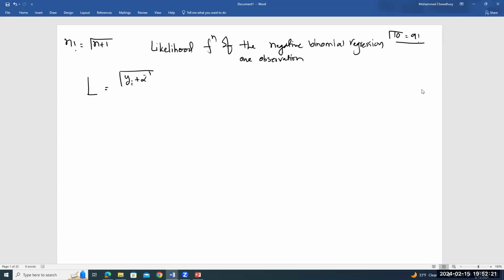So this is the likelihood function for the one observation.